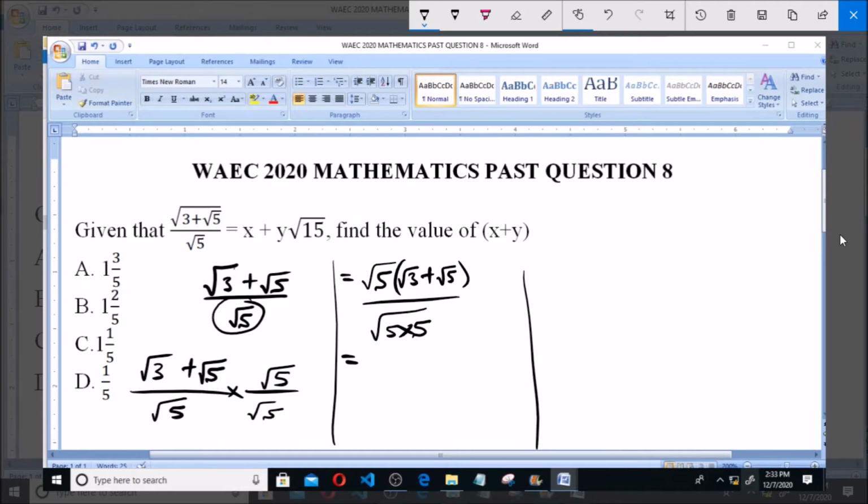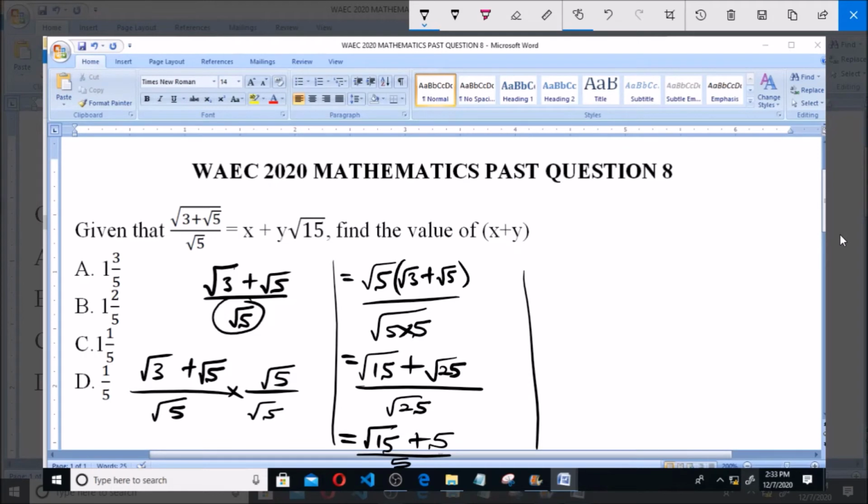This will give us root 5 times root 3, which is root 15, plus root 25, all over root 25. Now this is equal to (root 15 plus 5) all over 5.